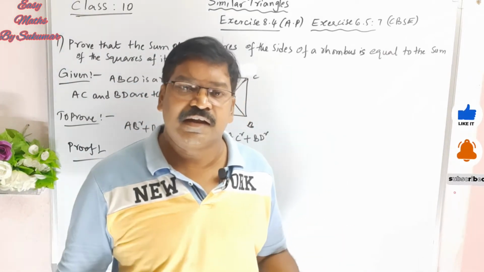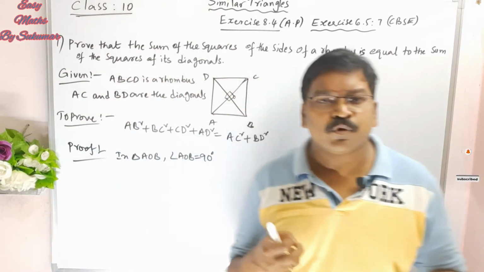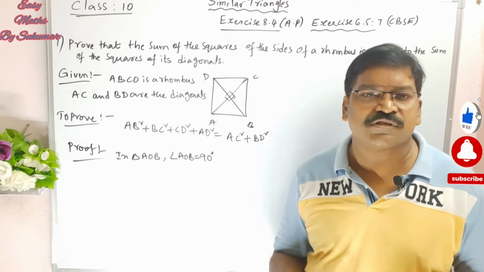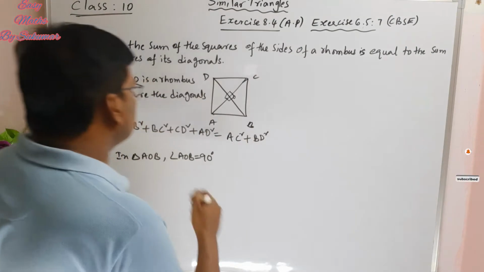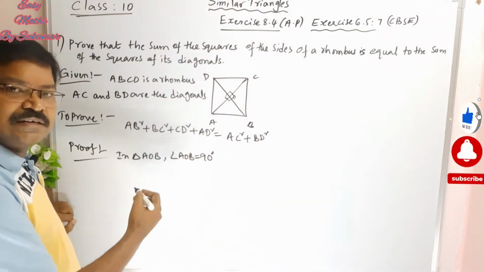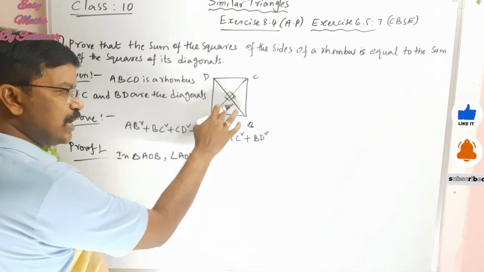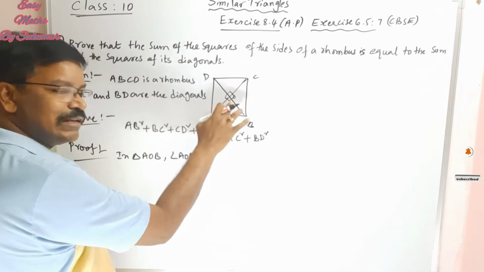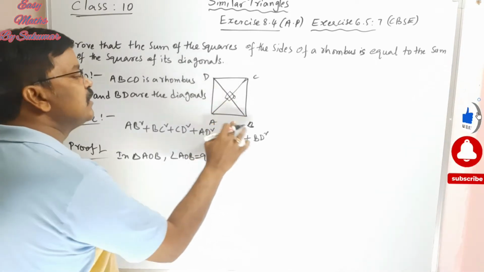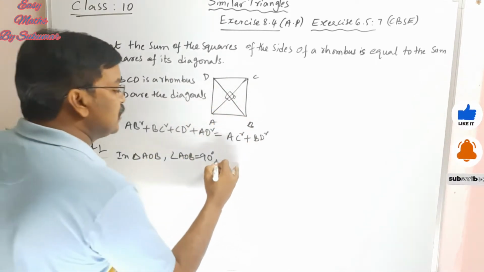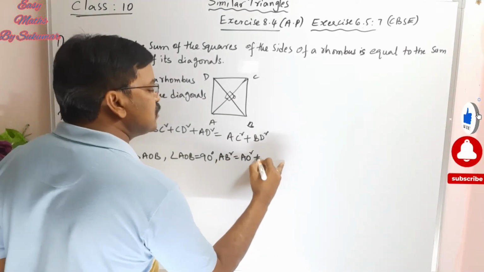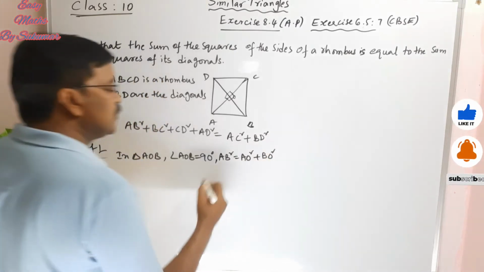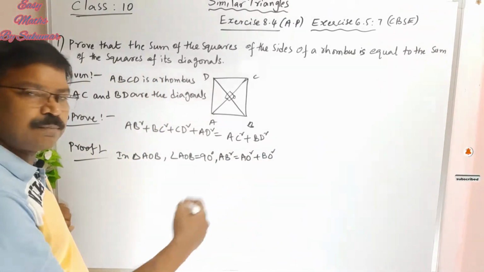In a right angle triangle, the square of the hypotenuse is equal to the sum of the squares of the other 2 sides. Since angle AOB is 90 degrees, AB is the hypotenuse. That means AB square is equal to AO square plus BO square.